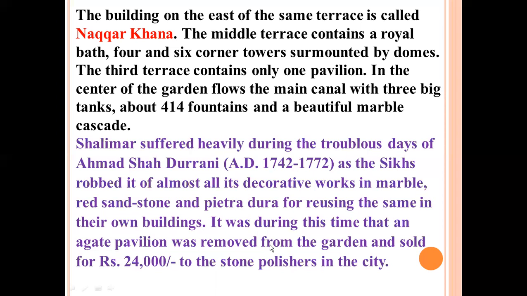It was during this time that an agate pavilion was removed. Agate means a very precious, very costly stone. It was removed from the garden and sold for 20,000 rupees to the stone polishers in the city. But nowadays the repairs have been done, though not as it was at that time when it was looking very beautiful.